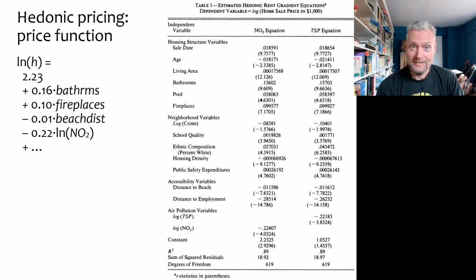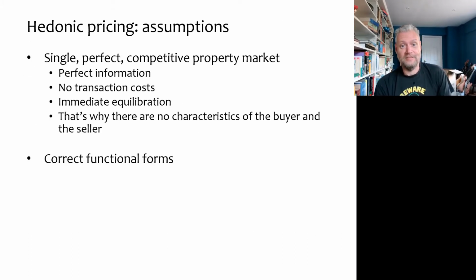So that is essentially what hedonic pricing does in a nutshell. There's a number of assumptions that go into this, some more credible than others. Essentially, you're looking at the demand for something that is not traded by looking at another market, and that only works if that market is indeed working well.